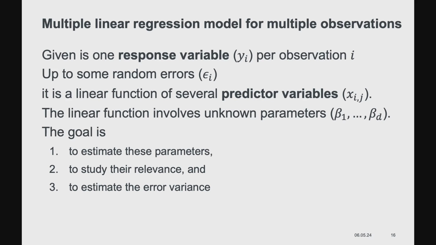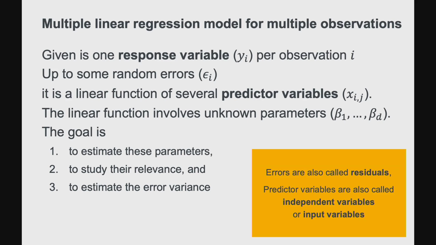The linear function involves parameters beta 1, beta 2, up to beta d. This corresponds to the number of variables plus 1. The goal is to estimate these betas, for example to study their relevance, which beta is large, which is small, and also to estimate the error that comes with these betas.